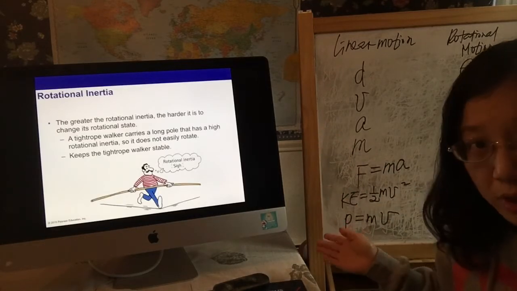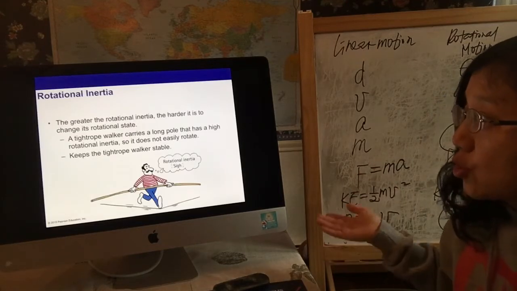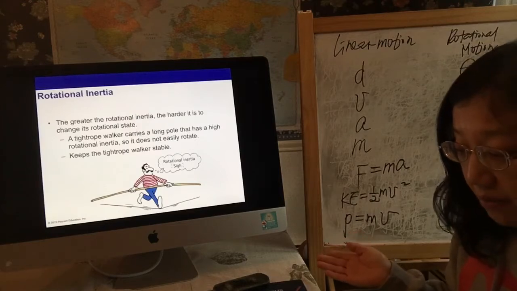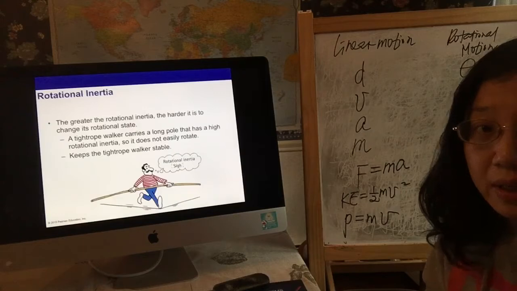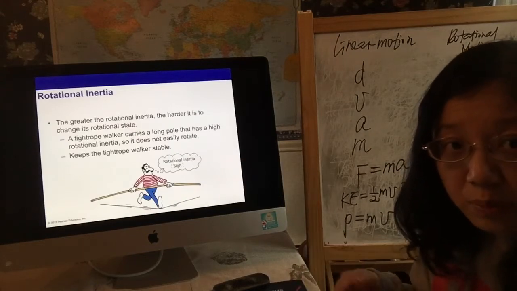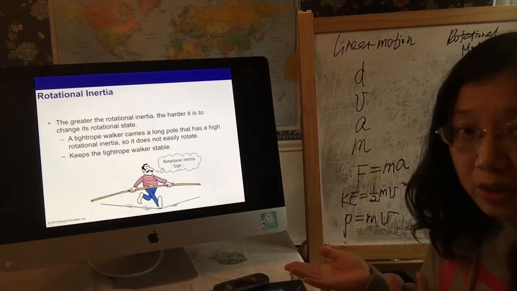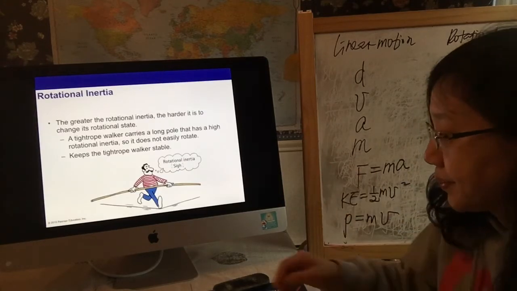When the rotational inertia is bigger, it's going to be harder to rotate him. So when he's at rest, a bigger rotational inertia makes it harder for him to fall. In other words, it's going to be easier for him to stay on the tightrope.